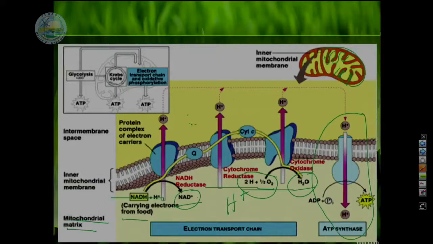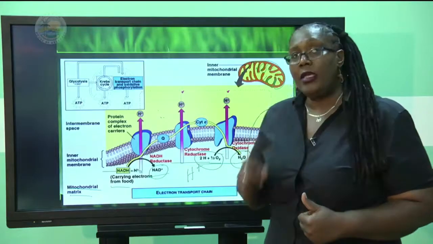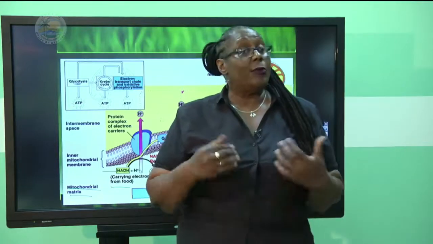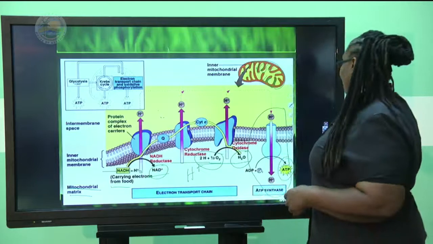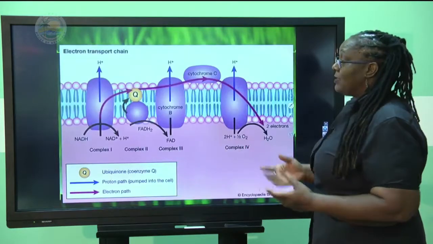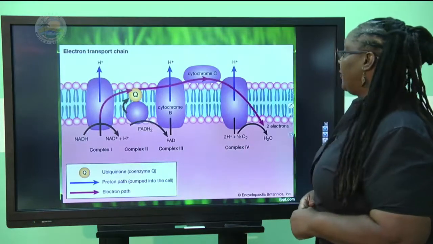And you have the formation of ATP. So you are going from a molecule that is rich with energy to form smaller packets of energy. So for every one molecule of glucose, you produce 38 molecules of ATP. Again, this is just showing you it in a different way.